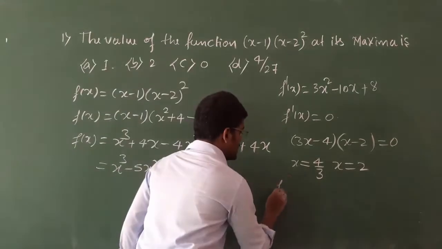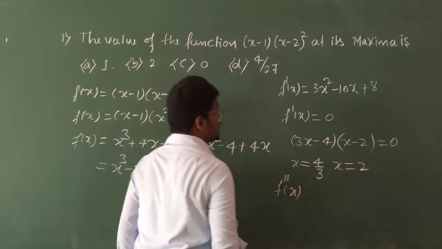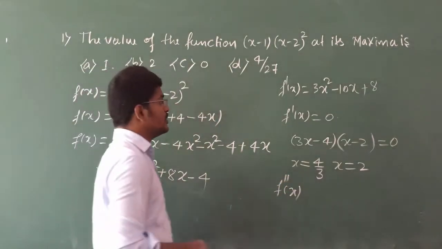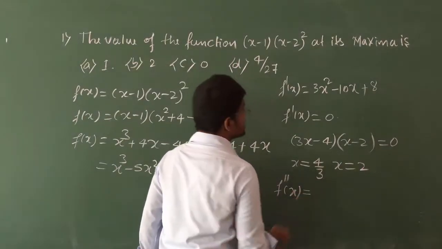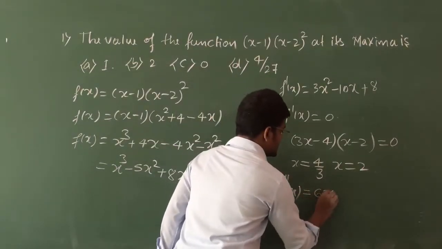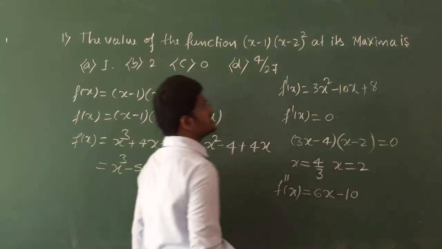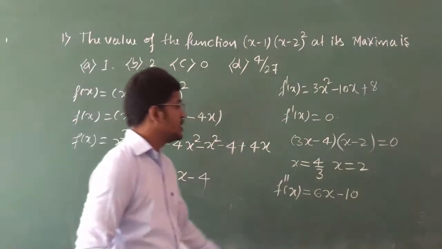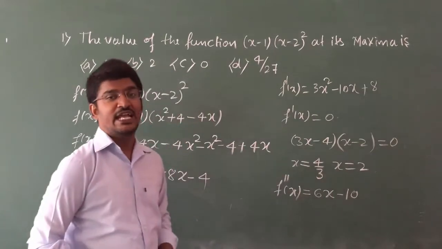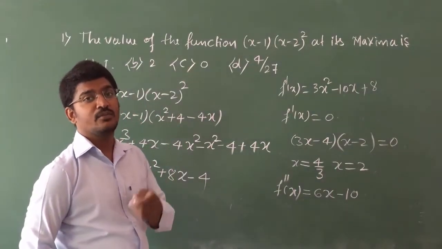You have to calculate f double dash of x. Clear? So what is f double dash of x? 6x minus 10. Now use the roots for finding maximum and minimum.